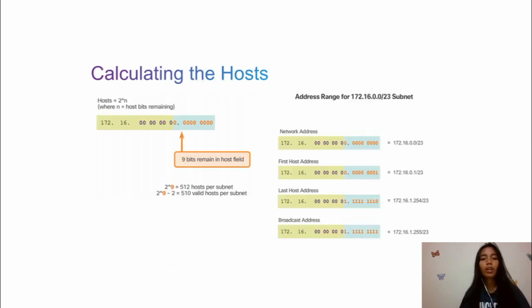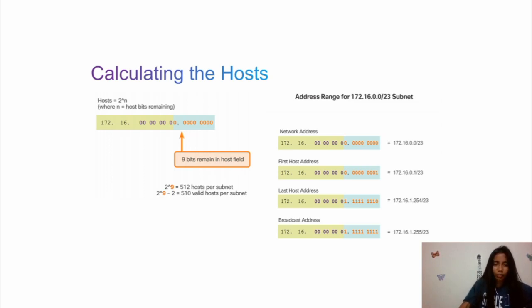For the next one, we have calculating the hosts. Just like in the first one, we have 2 raised to n, where n is the host bits remaining. Here we have 172.16.0.0, and so on.